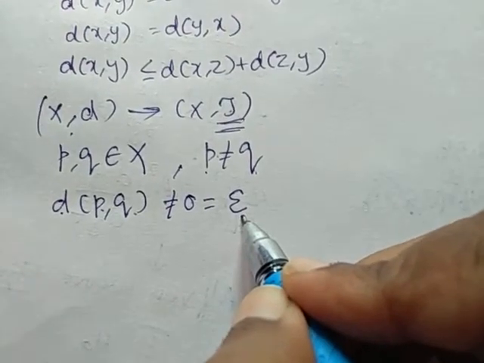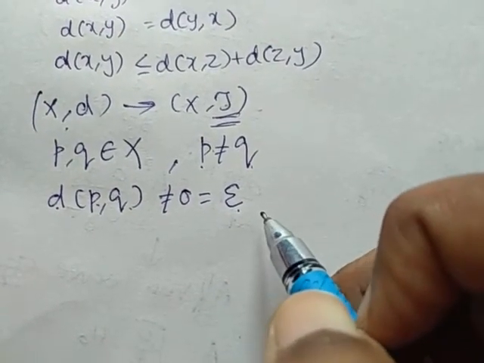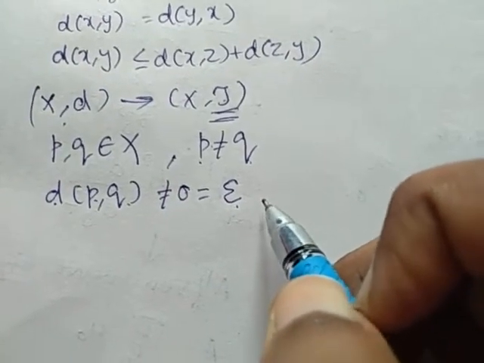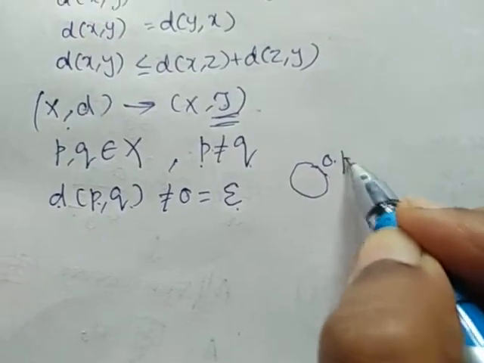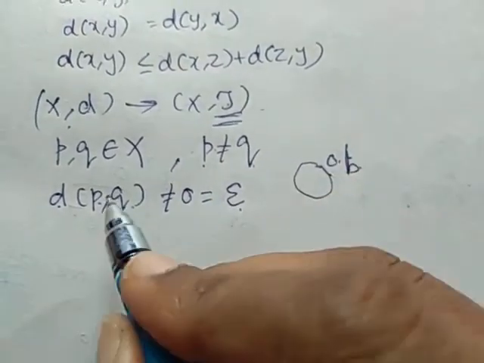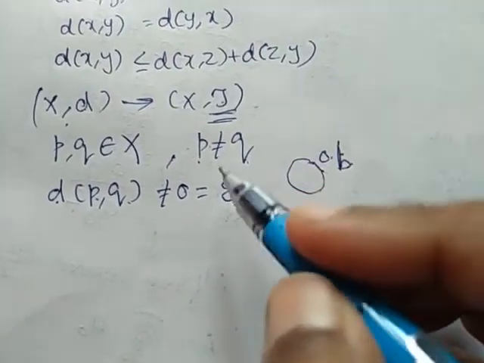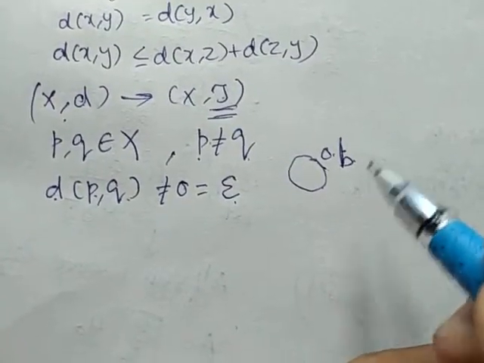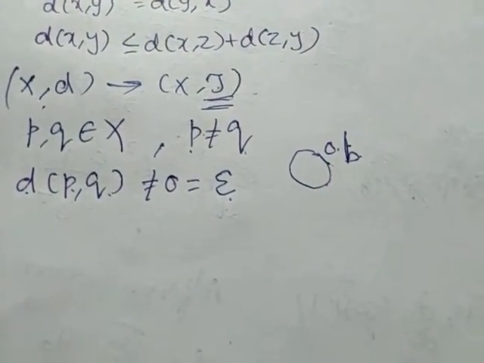So I am going to consider open balls. Every open ball is an open set, we know that. I am going to prove P belongs to one open ball and Q belongs to another open ball and the intersection of them should be the null set.